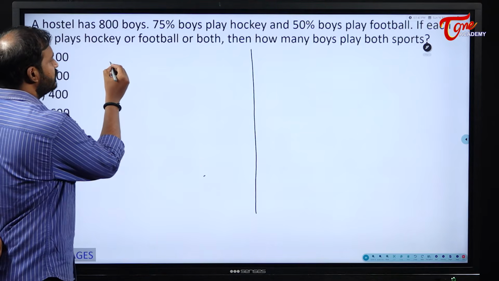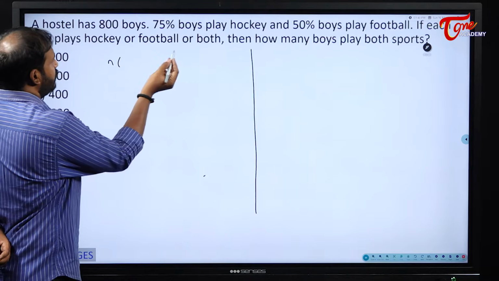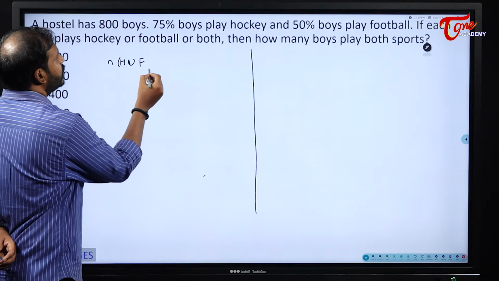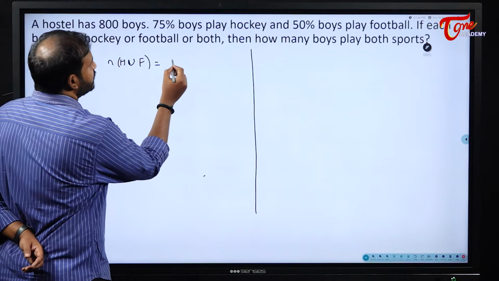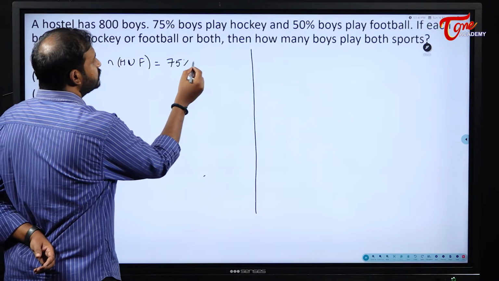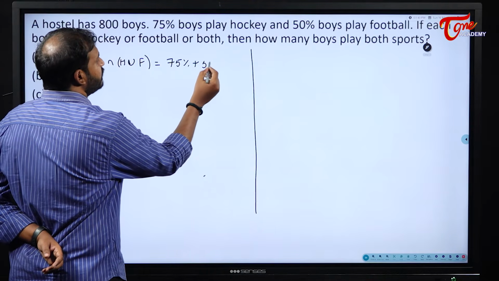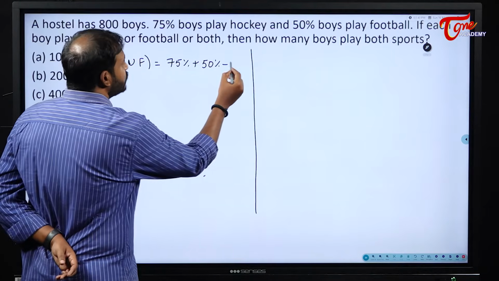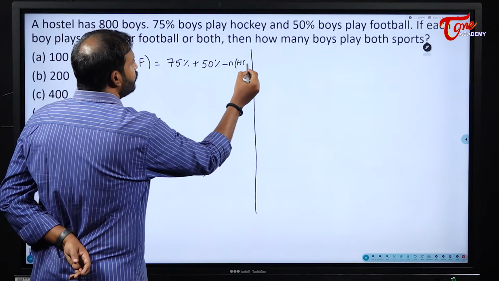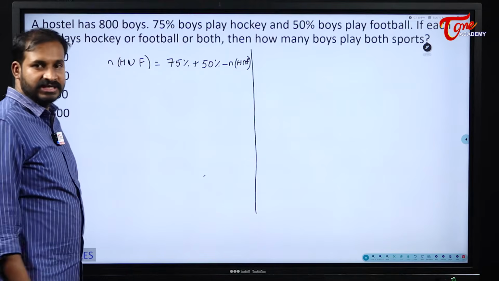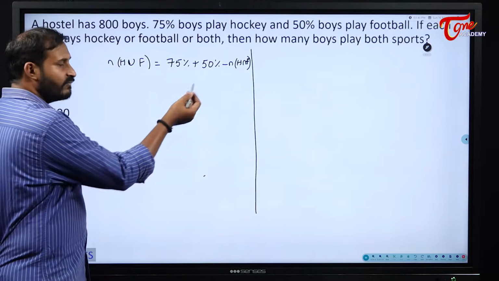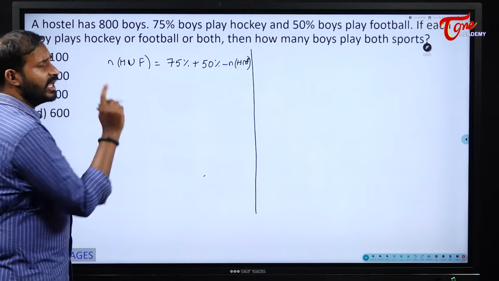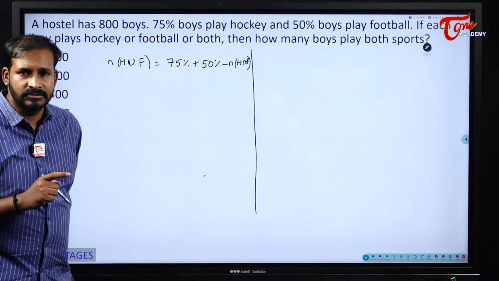So see, as usual, n of hockey union football, what will you get? 75% play hockey, good, plus 50% play football, minus the number of students who play hockey and football both together. That means the intersection, n of H intersection F. Anyway, everyone should play at least one sport, right?